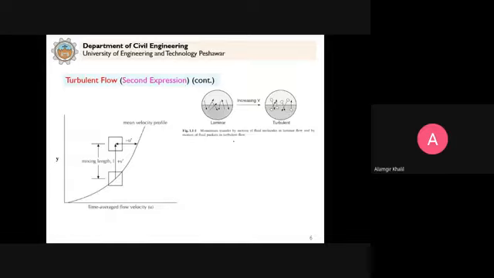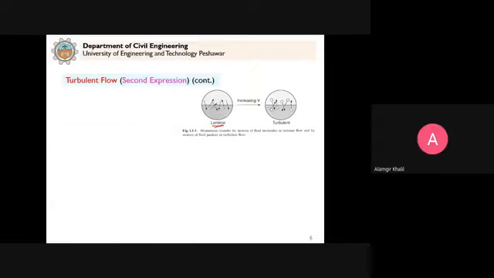Clear? As I said already, in case of laminar flow, the molecules interchange between the different layers.